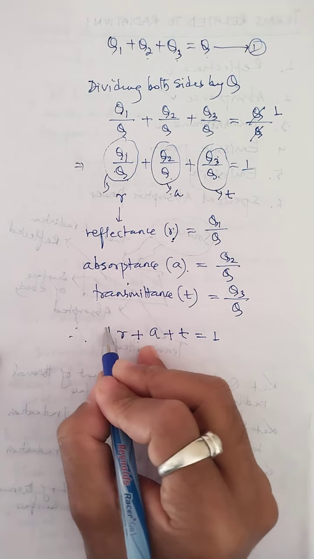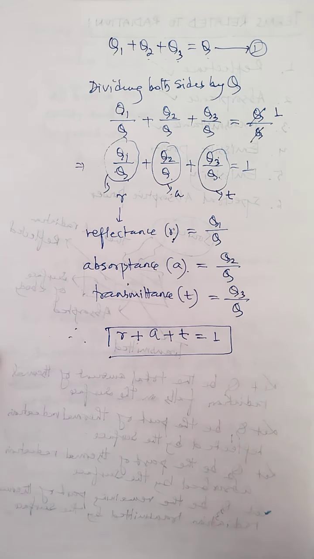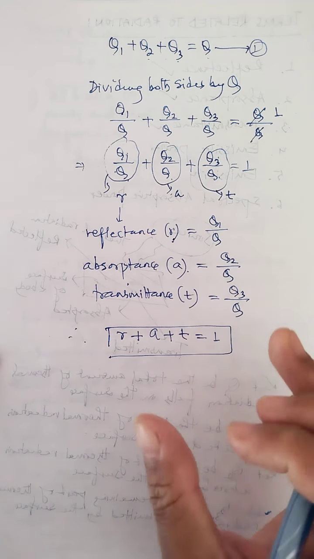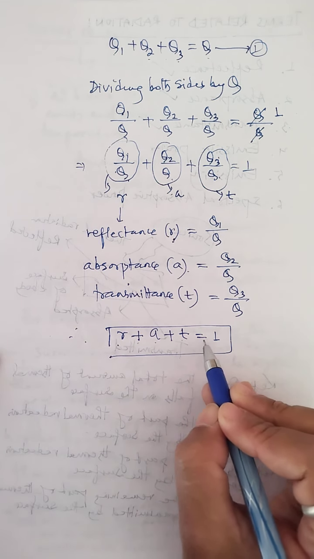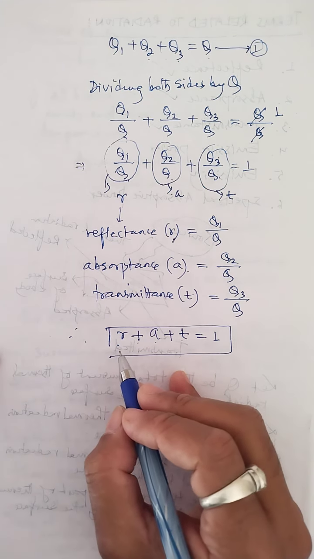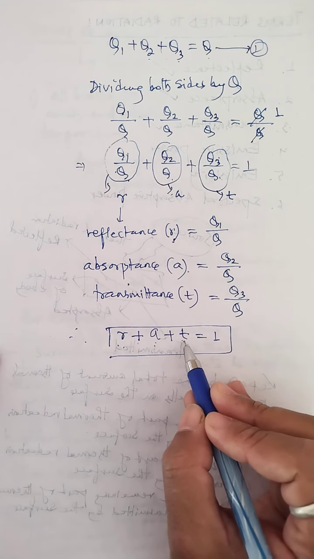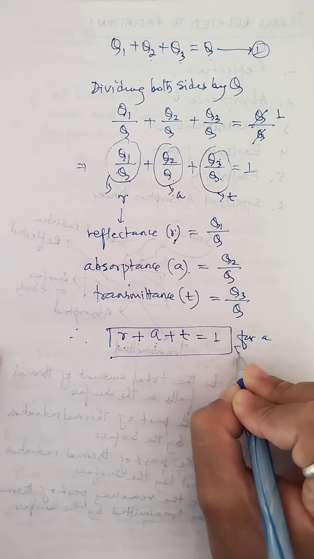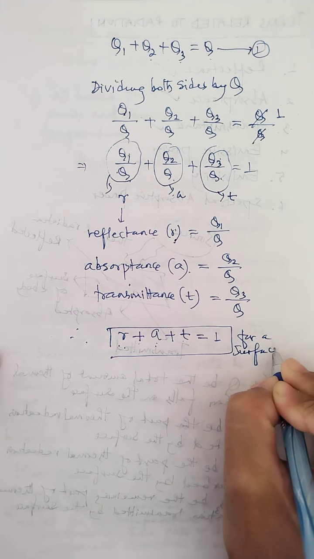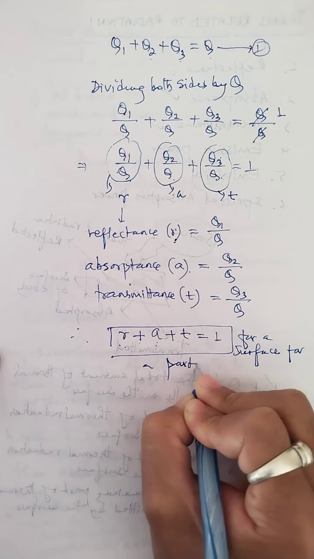So for any surface, for radiation falling on the surface of a particular wavelength, R plus A plus T is always equal to 1. That means the sum of reflectance, absorptance and transmittance equals 1, which is true for a surface for a particular wavelength.